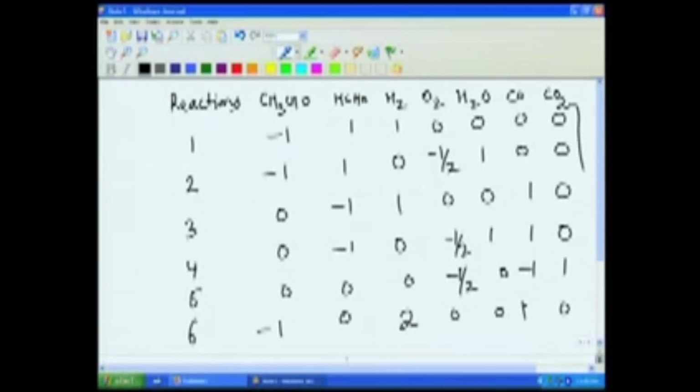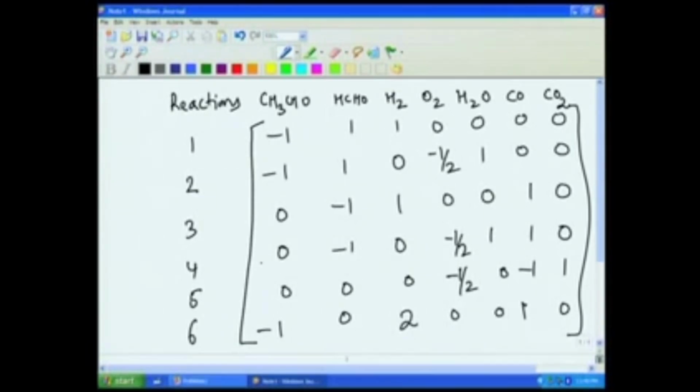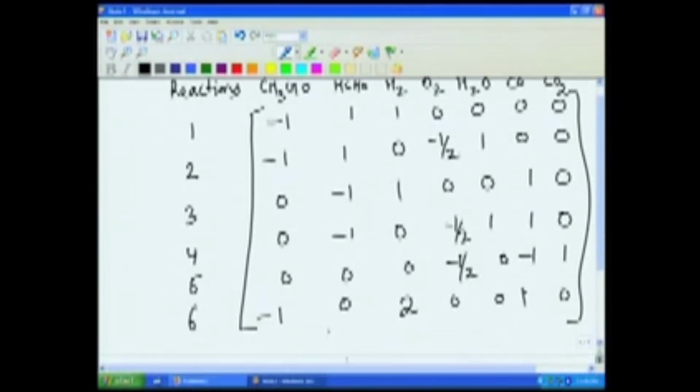So, this is my stoichiometric matrix nu, and my reactions are nu ij Aj equal to 0, or if I represent vector A as A1, A2, A3, up to An, 7 species here, then this represents my reaction set. So, we will represent this reaction as nu A equal to 0.